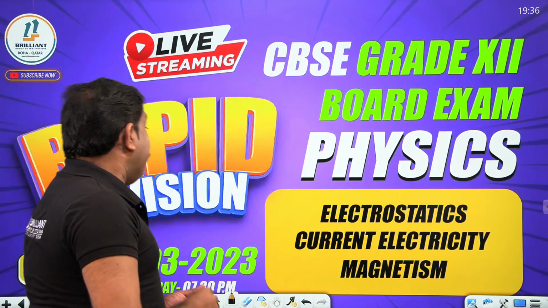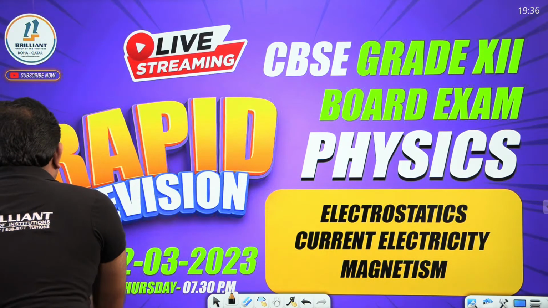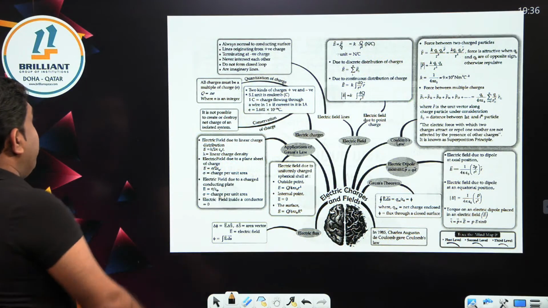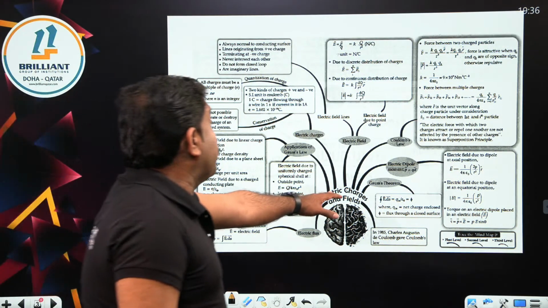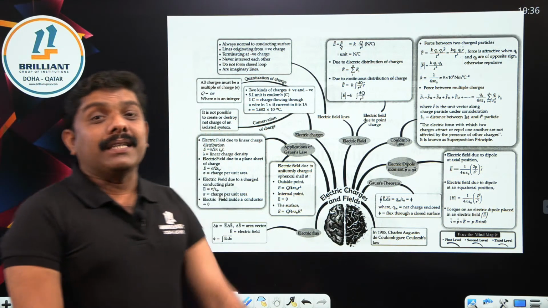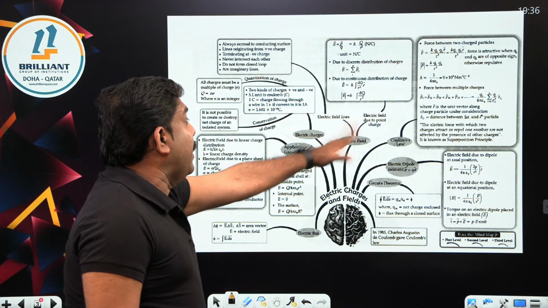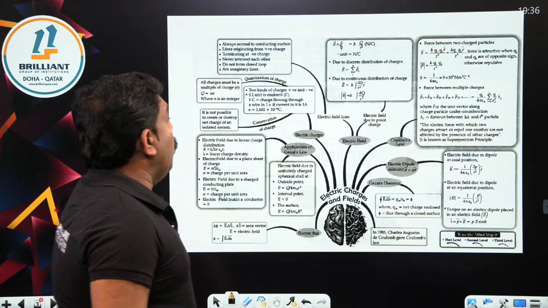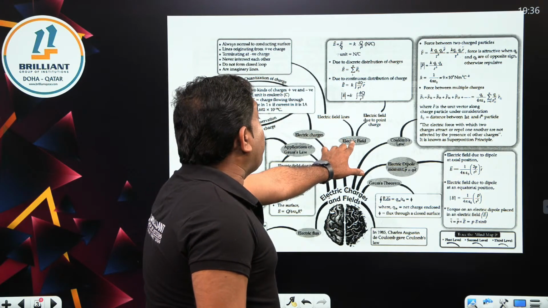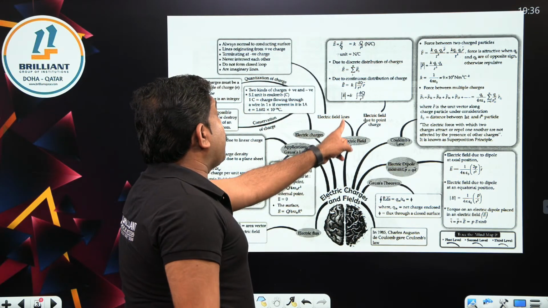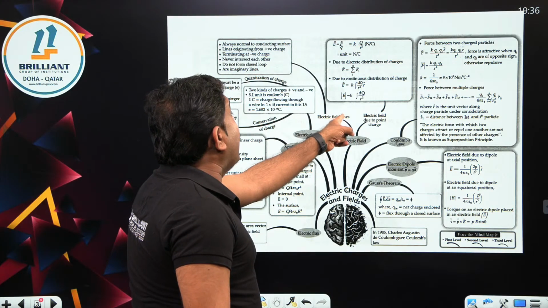Now we are explaining the first chapter mind map. See, the first chapter is electric charges and fields. What are the important concepts? First of all, electric field and electric field lines.